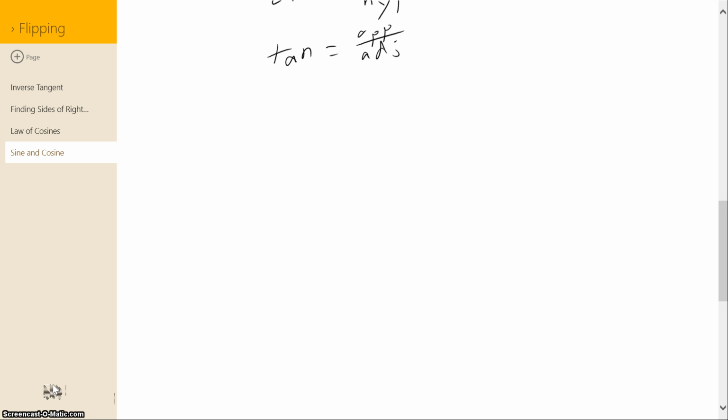Okay. Let me do one here where we need to find x. Let's say we've got an angle here. Let's say this angle is 60 degrees. Let's say that we know our hypotenuse here is 17. And we need to figure out this guy right here. So I take an inventory of what I've got.